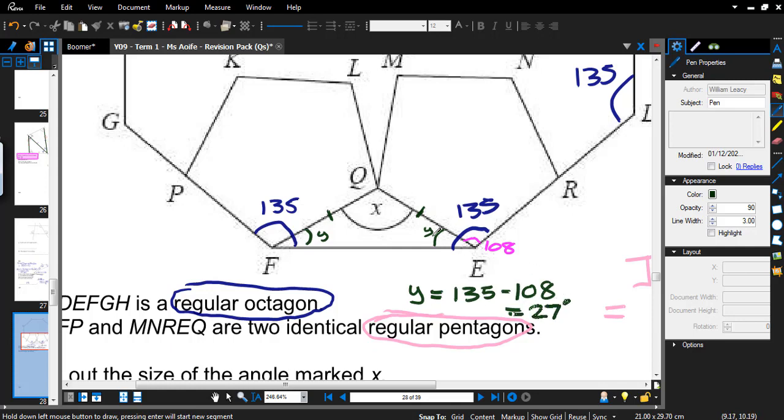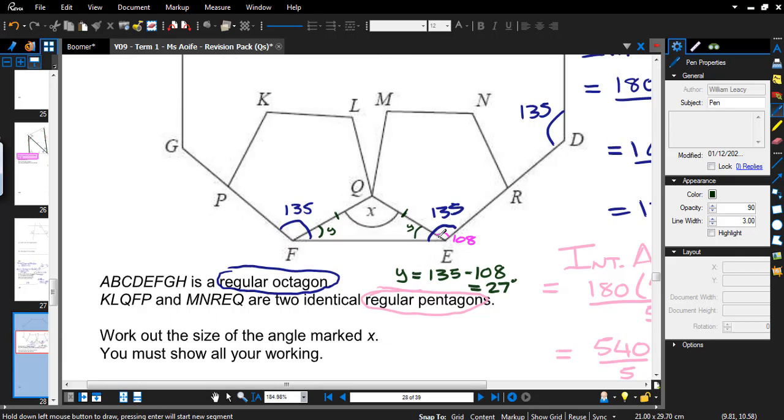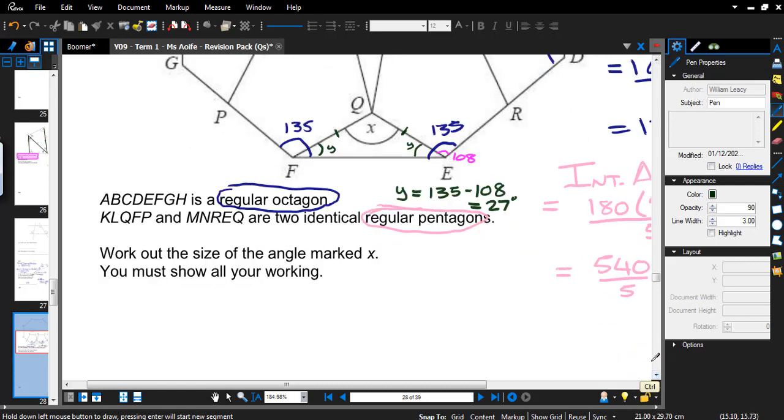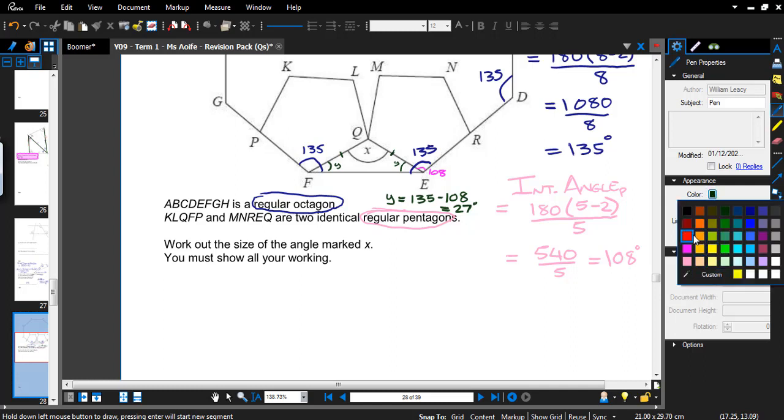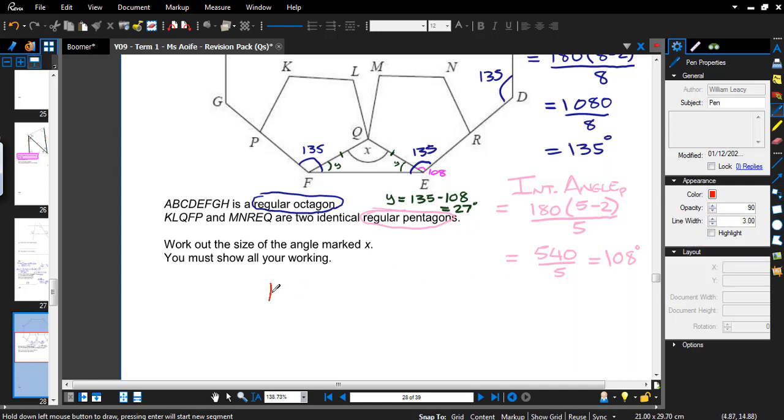And don't be afraid to put in your own letters, as long as they're not somewhere else in the diagram. Put in your own stuff, take ownership. It's your question, it's your worksheet. So we know 27 plus 27 plus x equals 180. So 180 degrees in this little triangle equals x plus 27 degrees plus 27.